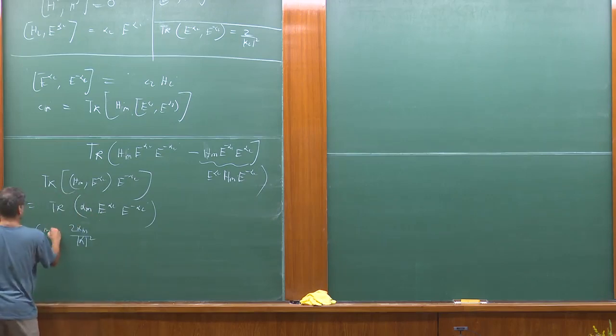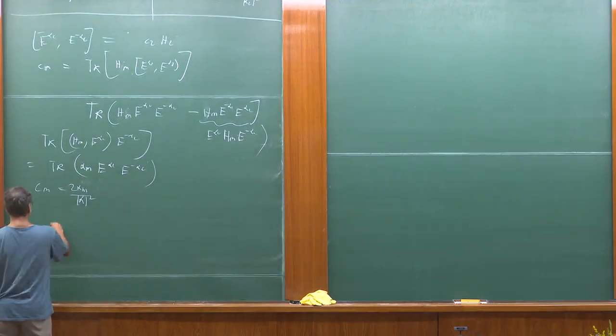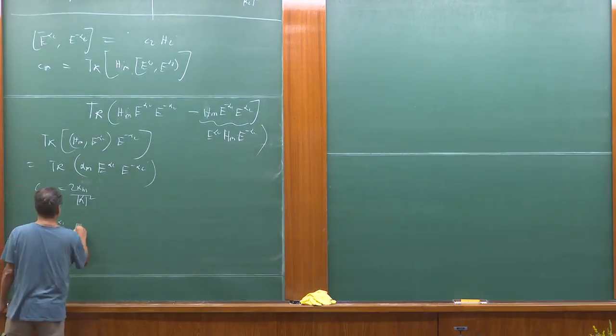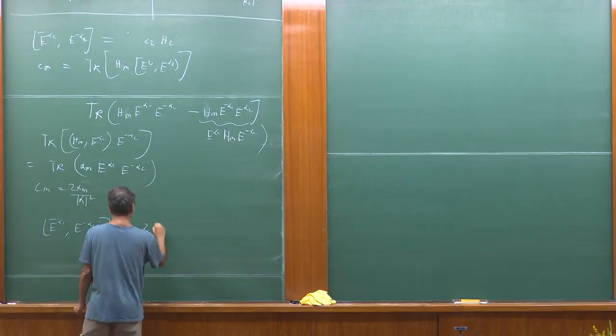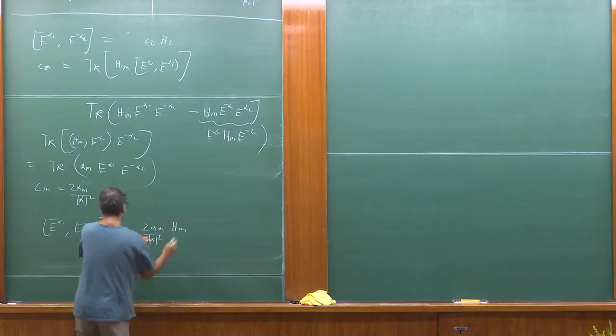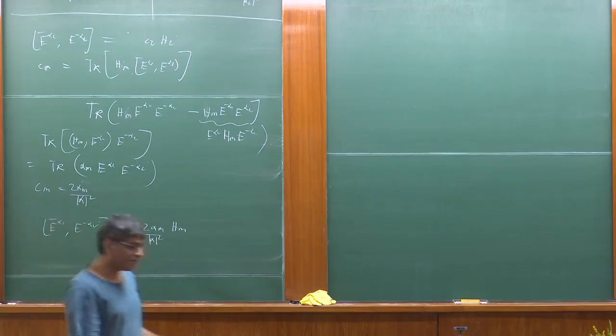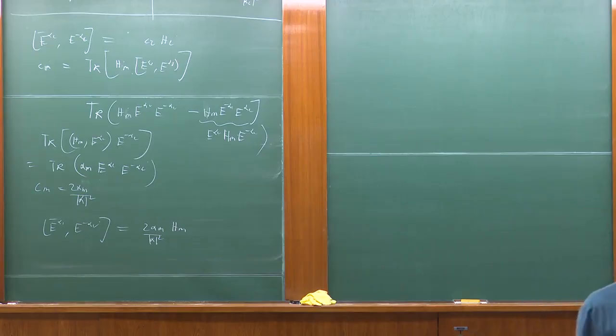So Cm was equal to this, and therefore we find that the commutator of E alpha I and E minus alpha I is equal to 2 alpha m divided by mod alpha squared times Hm, the summation implied. So we've discovered the commutation relation between a root and its anti-root, a root and its Hermitian conjugate, just using very simple manipulations.